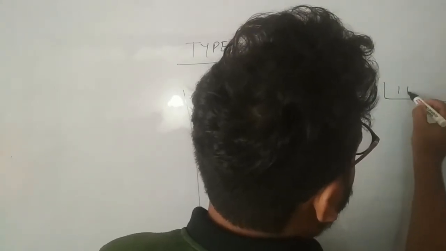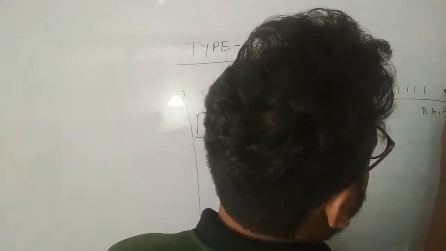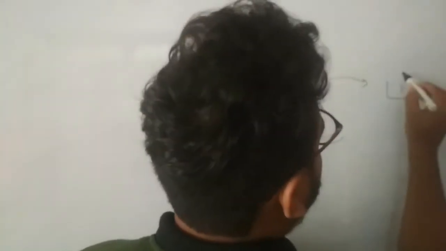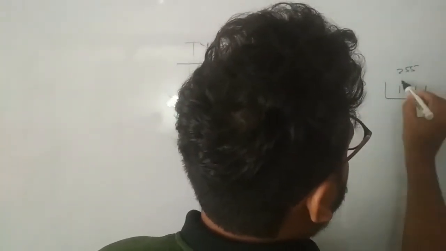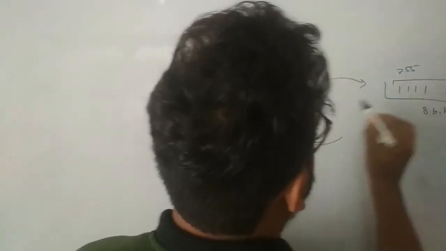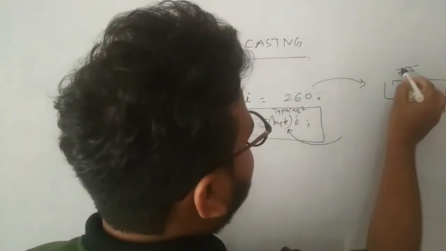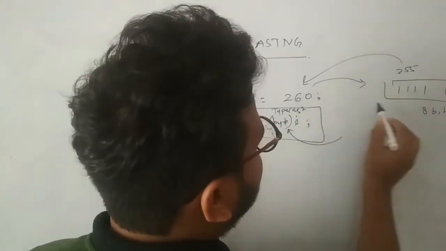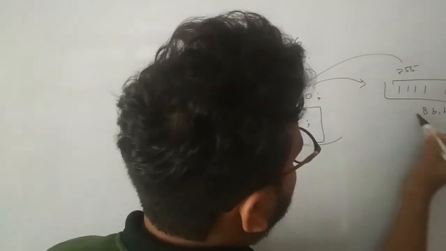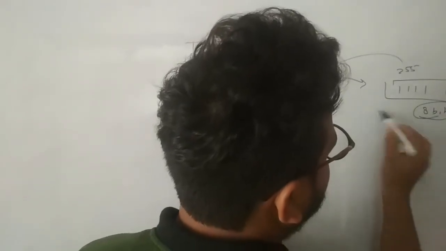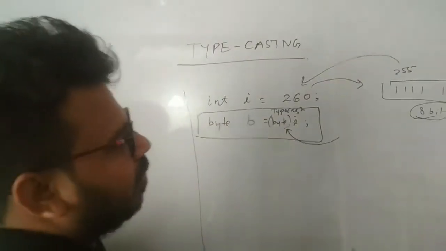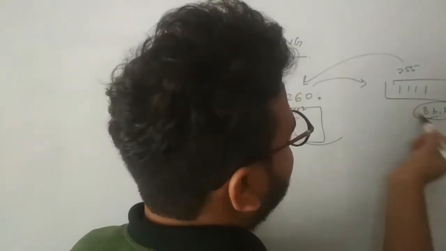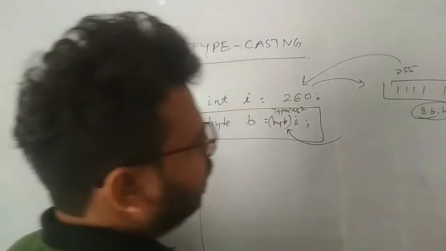The maximum value we can have is 1111 1111, so the maximum value we can have in this is 255. So I am taking an integer which is larger than 255, which will not fit into 8 bits, to give you a clear vision of what is going to happen in the backend.